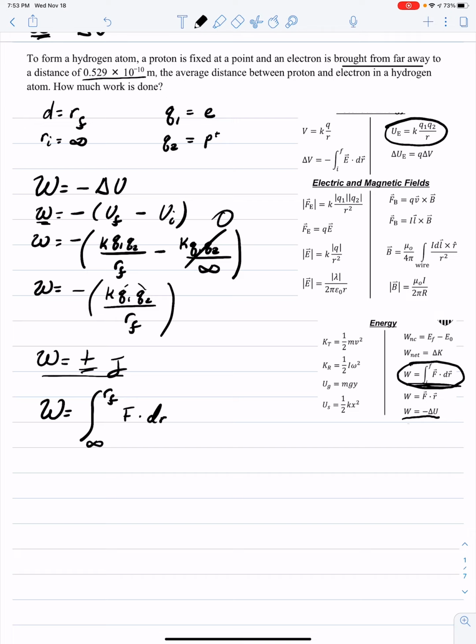And then when we integrate it, we are left with force times our final minus force times our initial, in this case it's infinite distance.